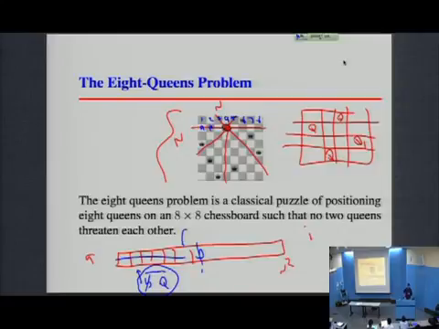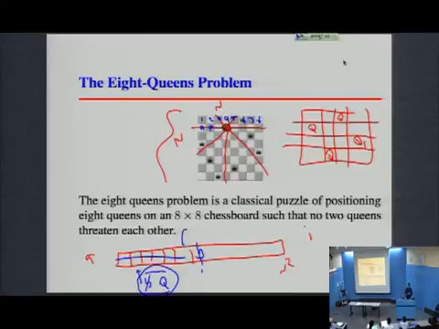Does everybody see that that logic has to be in the construct candidates? Or I guess what you could do is keep constructing patterns of Qs, but somewhere along the line you're going to have to test to make sure none of the queens threaten any of the other queens. Right? And he's proposing, I think, to test it at the time of construct candidates.